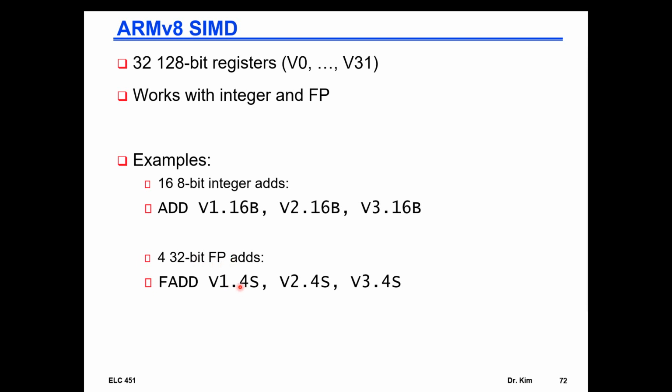So again, the appropriate 32 bits in vector register 3 is going to be added to the corresponding one in vector register 2, and the result is going to be put in vector register 1, because in each vector register we have 4 single floating point values of 32 bits, of course.